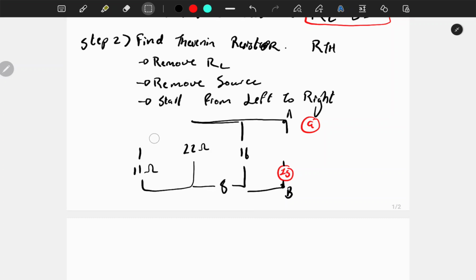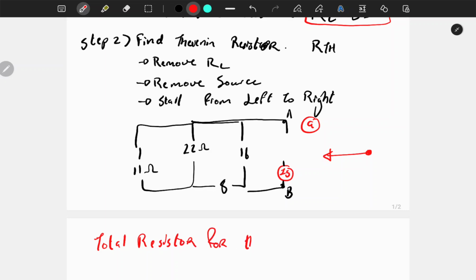Then you're going to remove the source, and then you're going to start from the left and move to the right. So now you have to find the total resistors for the new diagram, right? For the new diagram.